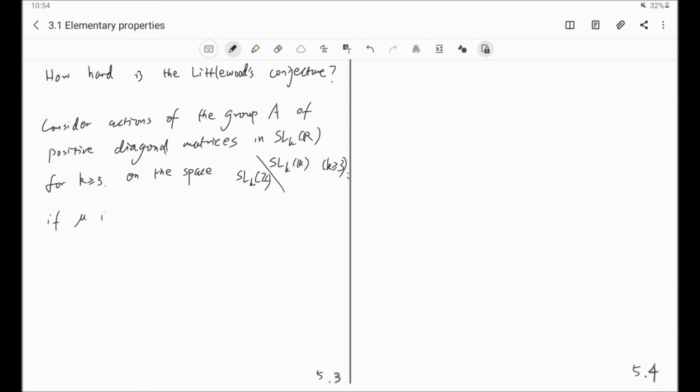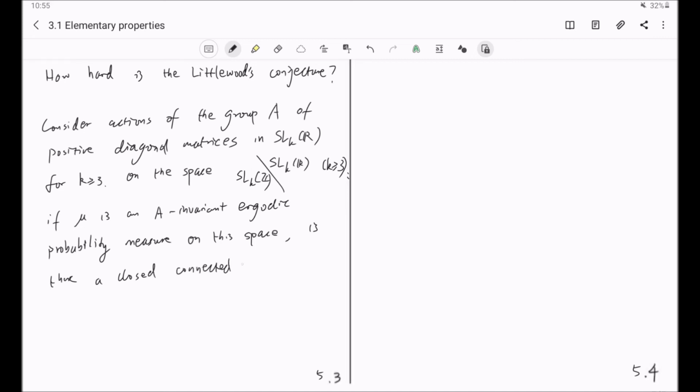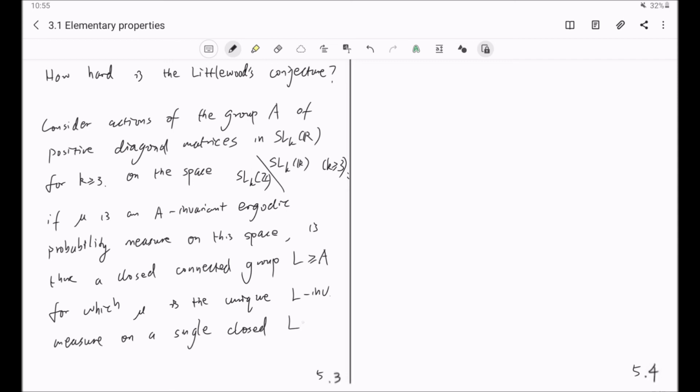If mu is an A invariant ergodic probability measure on this space, is there a closed connected group L above A for which mu is the unique L invariant measure on a single closed L orbit?